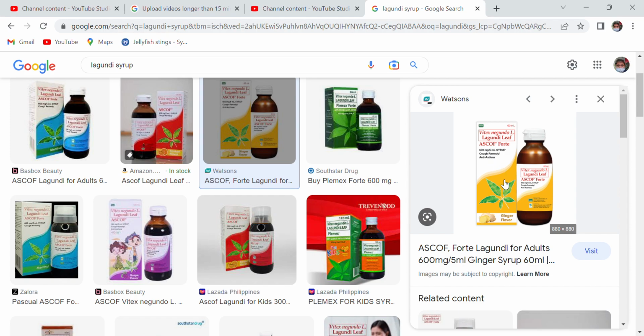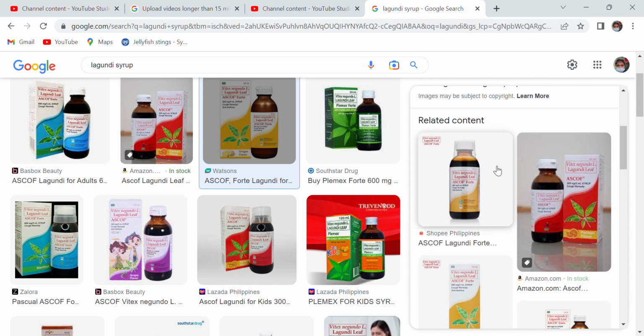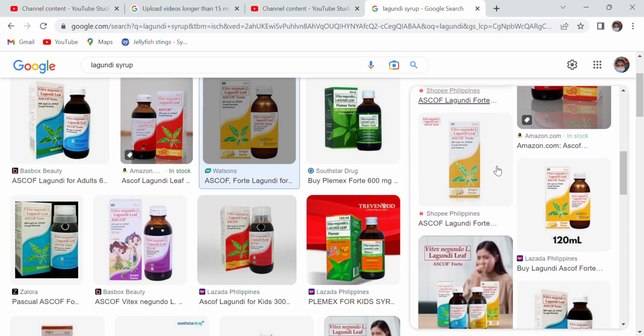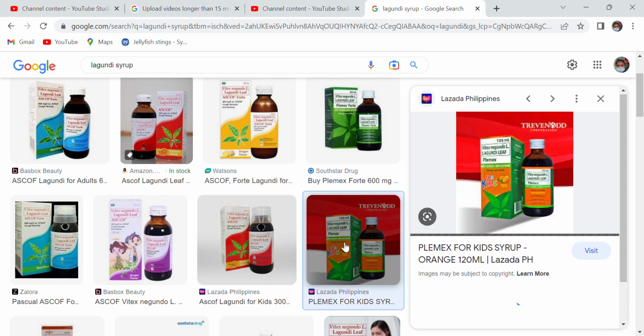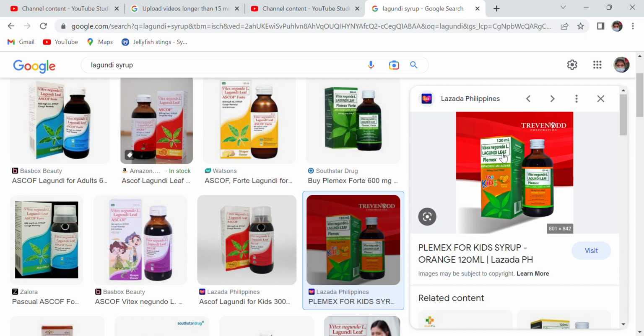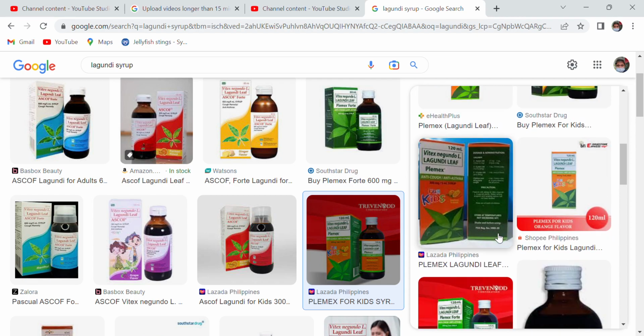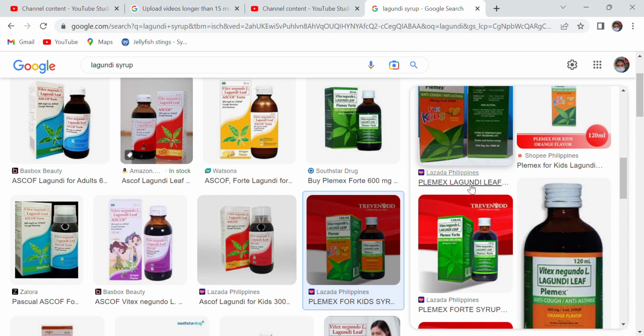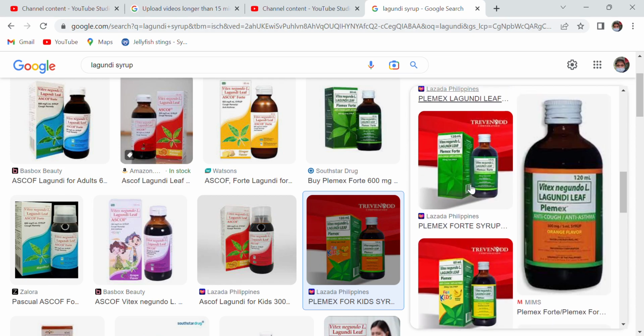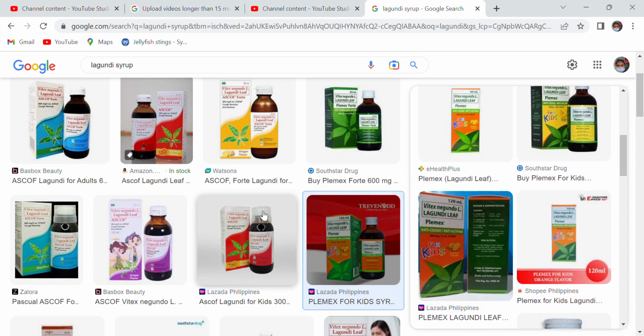It has a bronchodilating effect, and it also has a soothing effect for cough. This is a Vitex negundo Lagundi leaf extract, and it is also safe to use, especially in kids. When you say anti-cough, that is antitussive and anti-asthma. It has a bronchodilating effect, anti-asthma, like salbutamol.